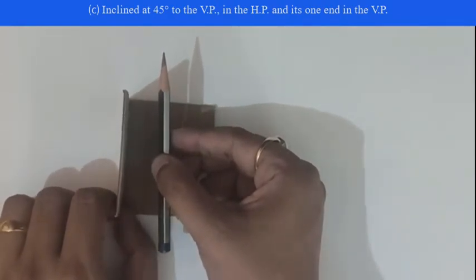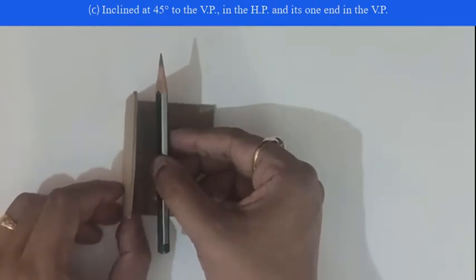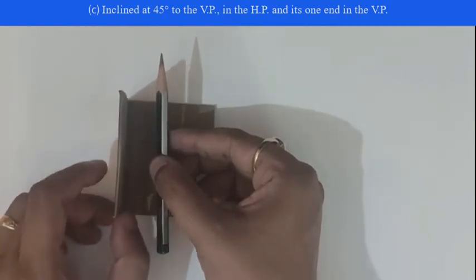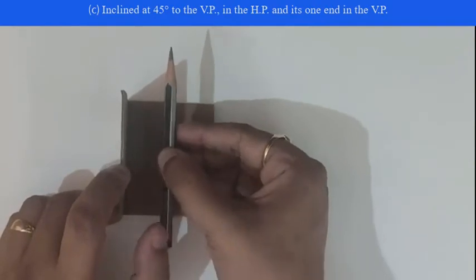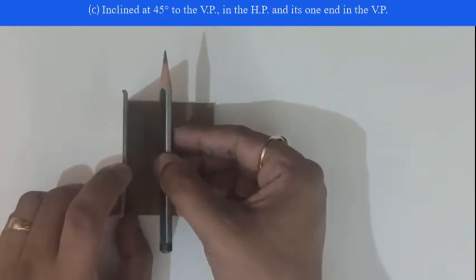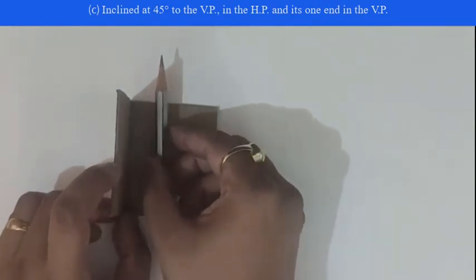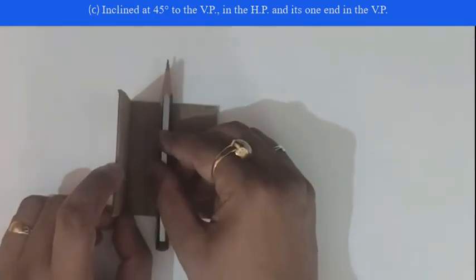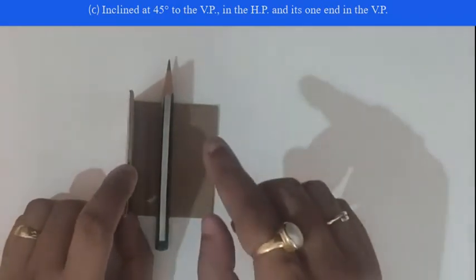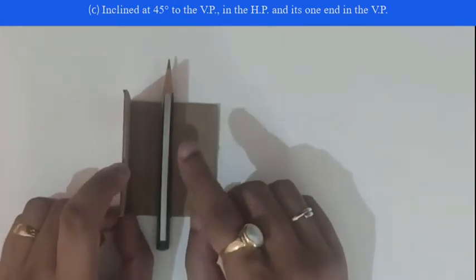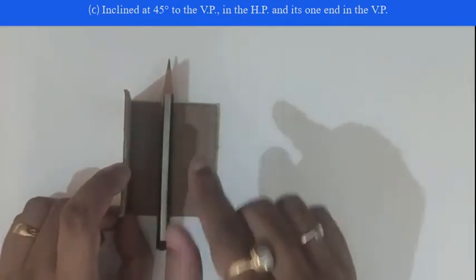Now let us see here in this problem what is given. Inclined at 45 degree to the VP. VP logot incline hoi ase line ta, and in the HP. So HP ase. This is what is given. This is the position. The line is in the HP and this line is inclined at 45 degree to the VP.